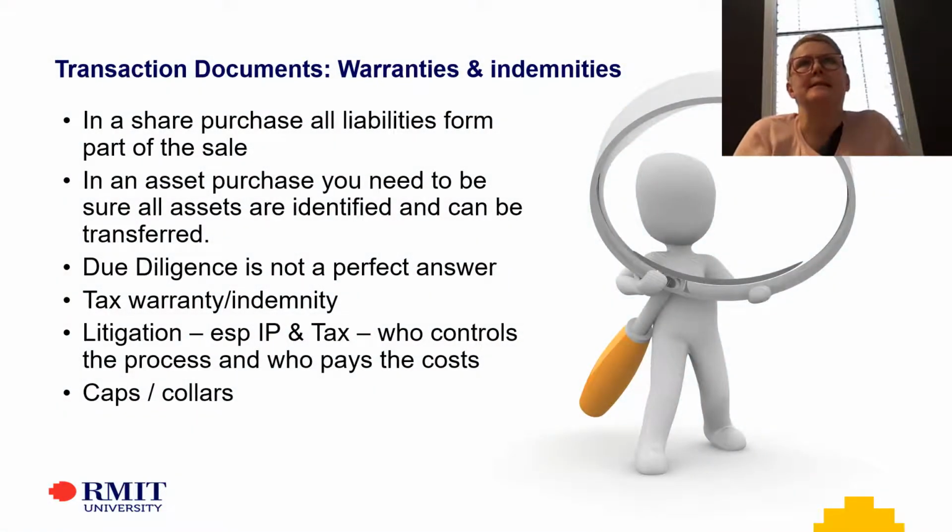Warranties and indemnities. So all liabilities in a share sale and purchase form part of the sale. So it is not at all unusual to have some kind of protection about unexpected liabilities.